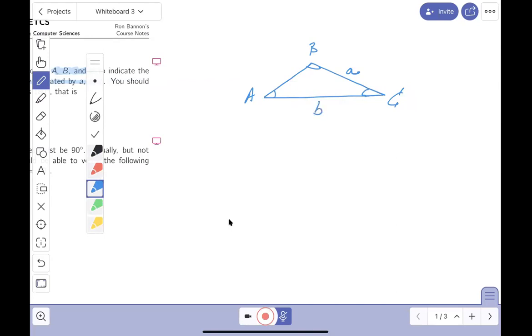All right, the side opposite angle C, we're going to call side c. Now, I hope you realize that a, b, and c, those lowercase letters, are lengths of the sides of that particular triangle. What are the angles A, B, and C? Well, they're the angles of the triangle. And we know this. We know that angle A plus angle B plus angle C is 180 degrees. The sum of the interior angles is 180 degrees.